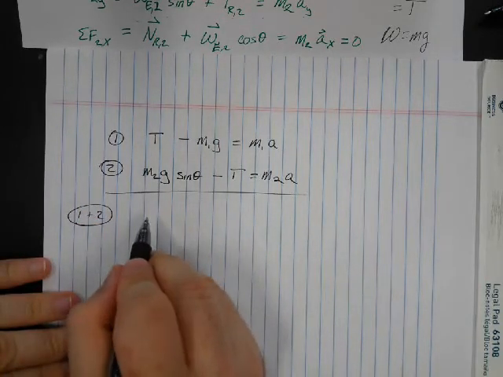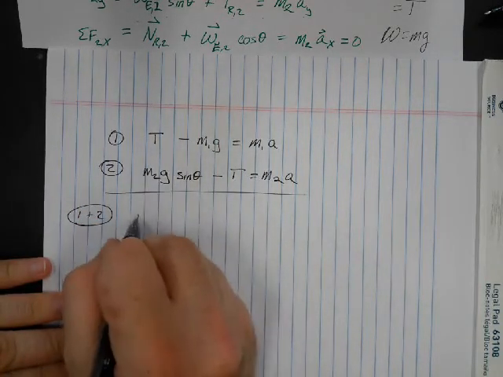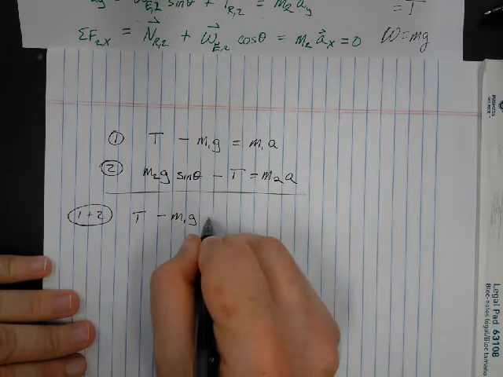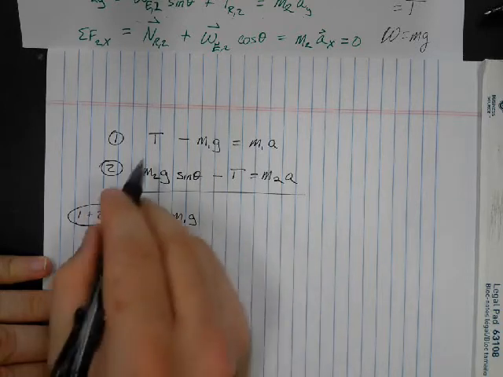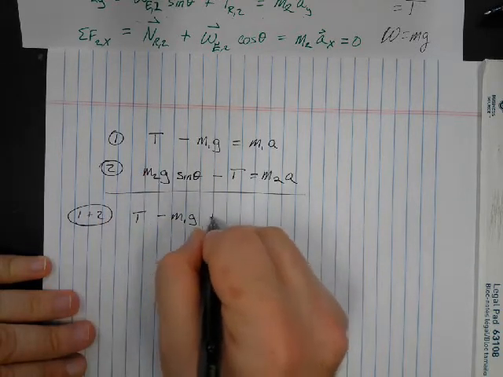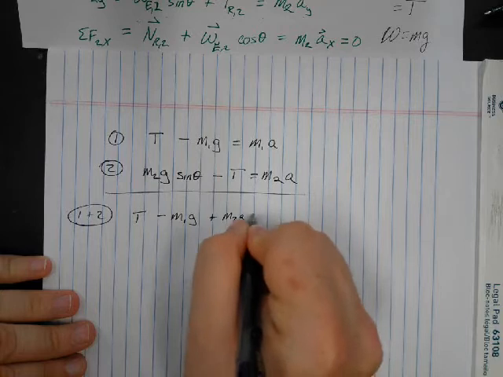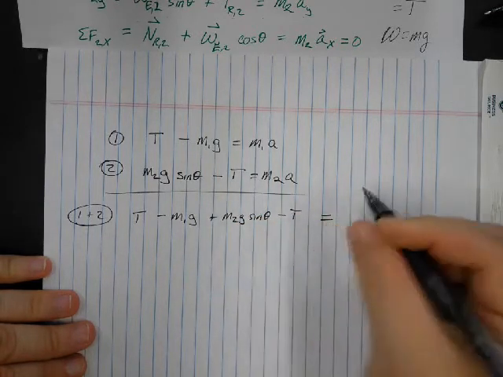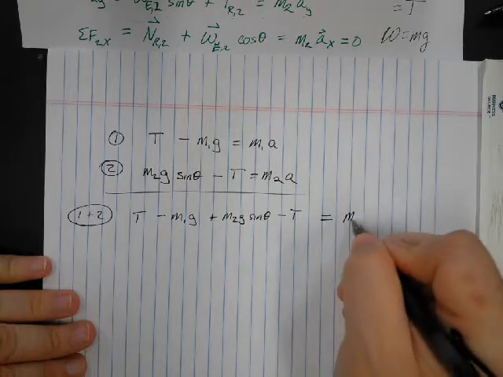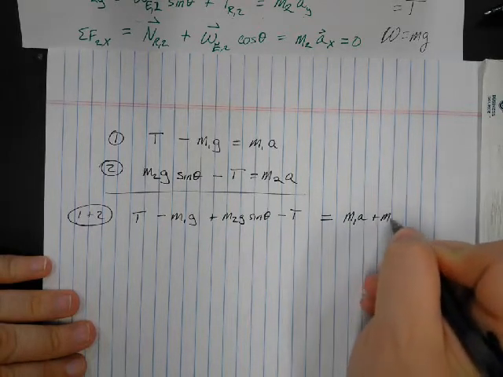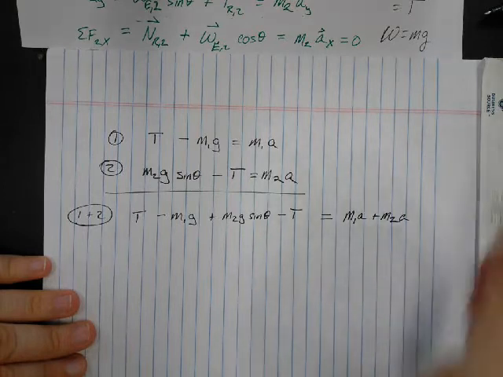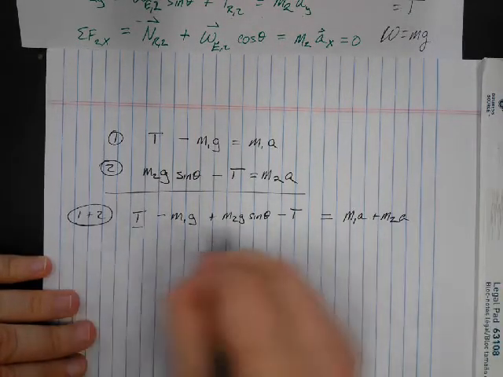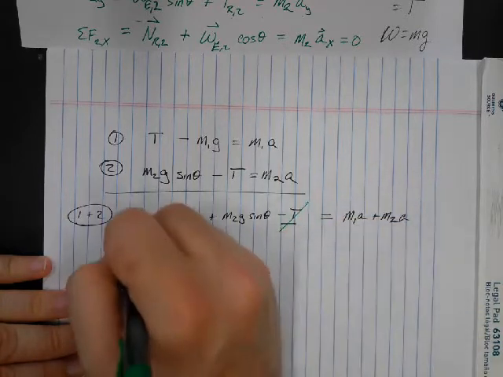When I do that, I'll have the tension minus mass 1g, and this is all going to be the left side, plus mass 2g sine theta minus the tension. And on the other side, we have mass 1a plus mass 2a. We look at that and we're like, oh, we have a tension term here and a minus tension term there. They go away.